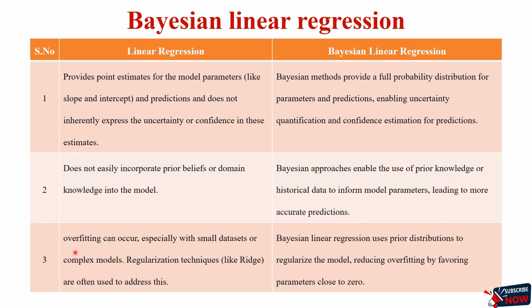In linear regression, overfitting can occur, so regularization techniques like ridge regression are often used to address this problem. Whereas Bayesian linear regression uses prior distributions to regularize the model, thereby reducing overfitting.